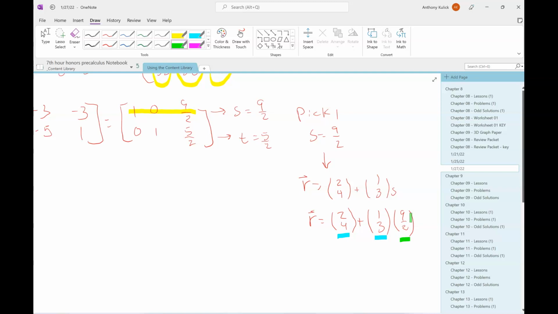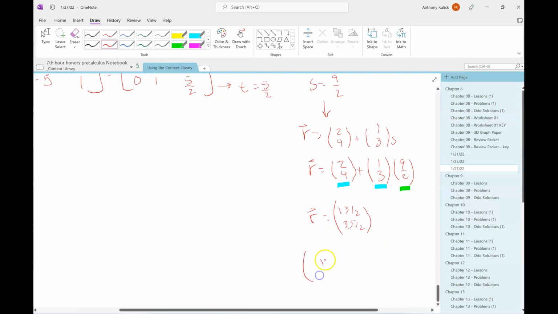So when we do this, we get 2 plus 9/2, which is 4/2 plus 9/2, or 13/2. And then we have 27/2 plus 8/2, so that's 35/2. So that becomes the point 13/2, 35/2.